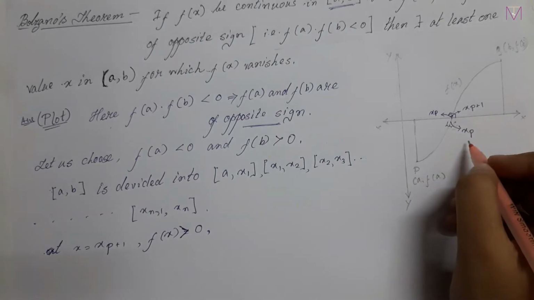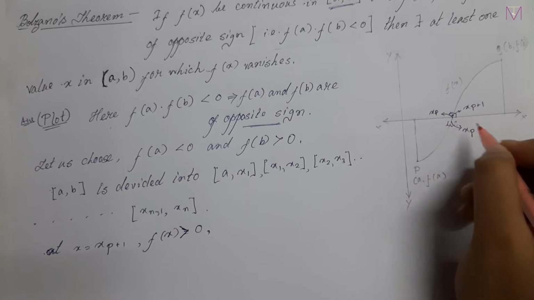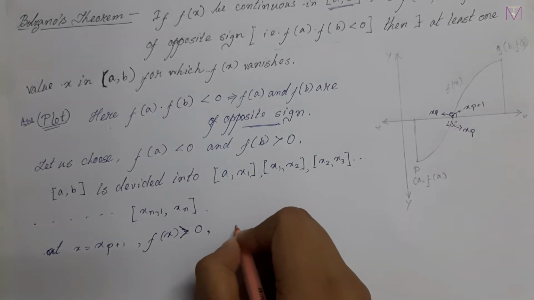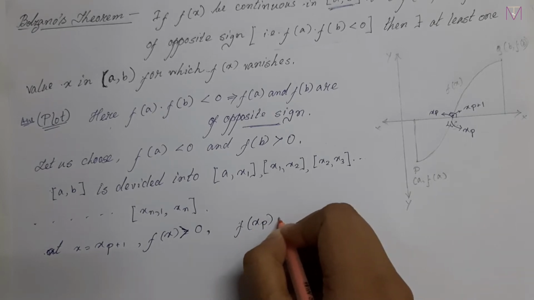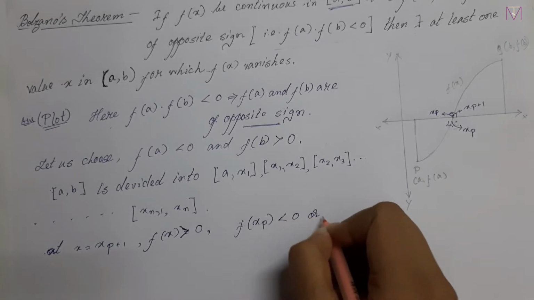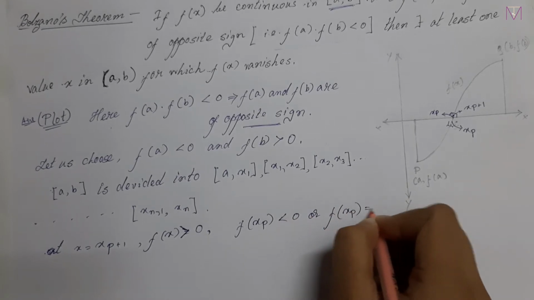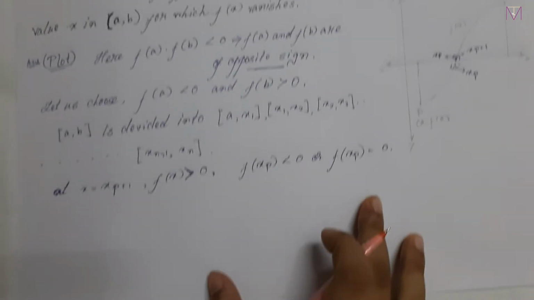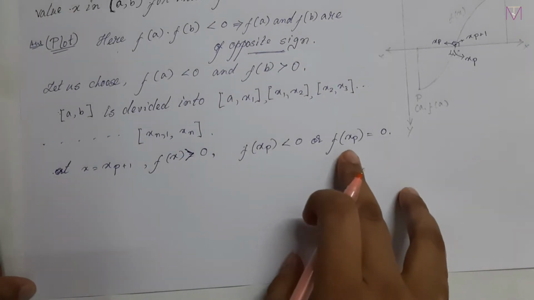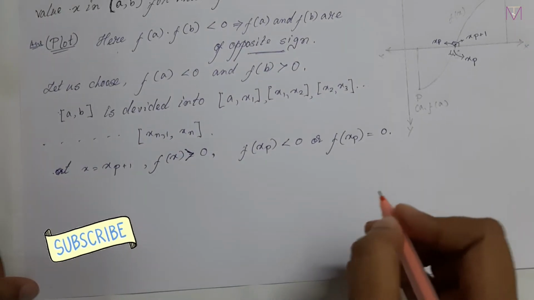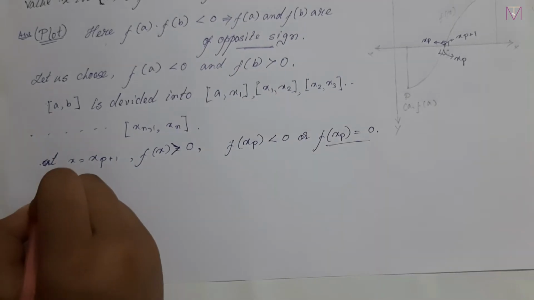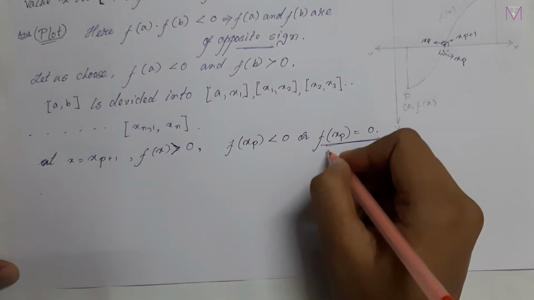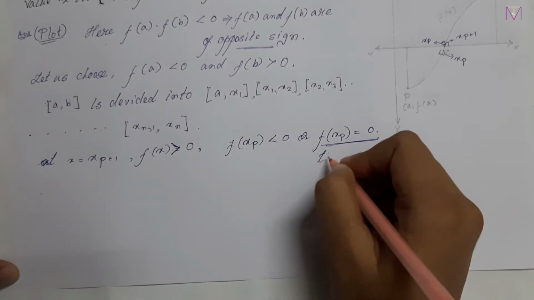So we can say that f(x(p)) is less than 0 or f(x(p)) is equal to 0. Now if f(x(p)) is equal to 0, then we get that at x equal to x(p), f(x) is 0. So in this case the theorem is proved.